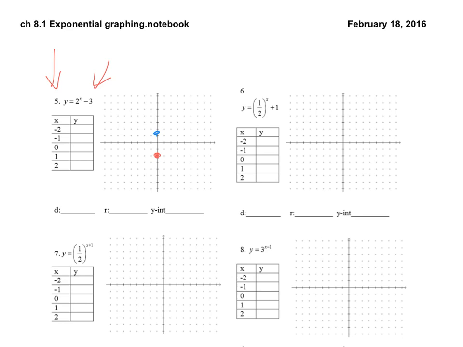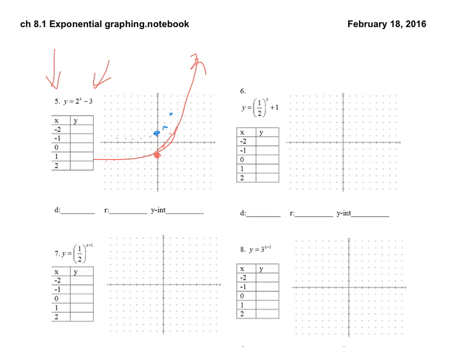We had a point up here, 2 to the first power was at 2. That's going to come down 3 to here. We had 2 to the second power was 4. That's going to come down 3. Now that's going to be at 1. All of this is going to be going up like it was. And the things that were getting smaller and smaller down here are now going to get smaller and smaller down here.